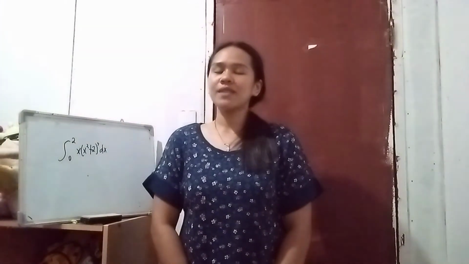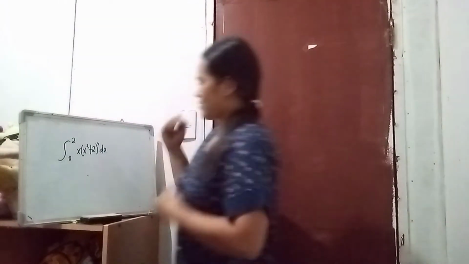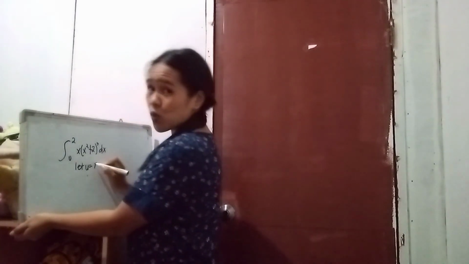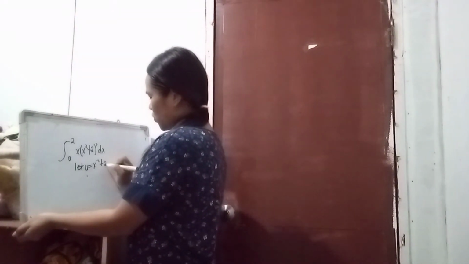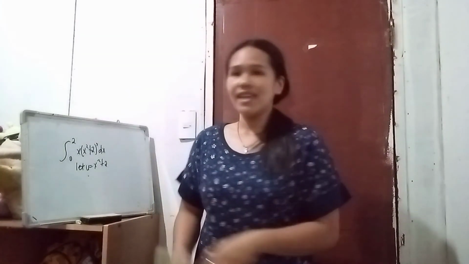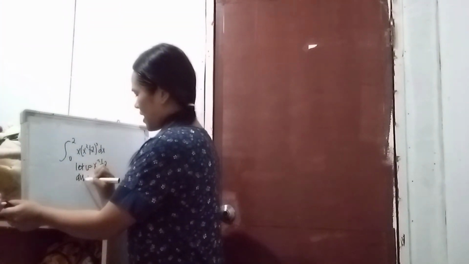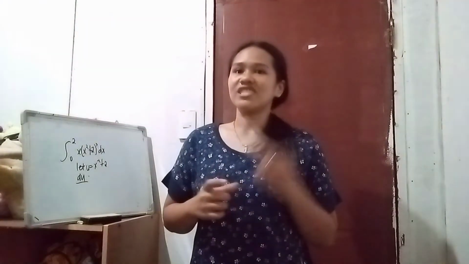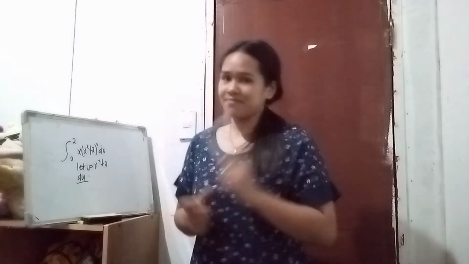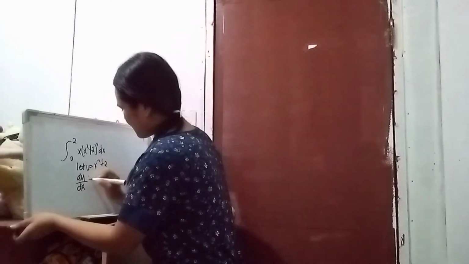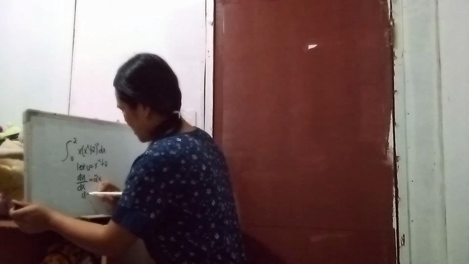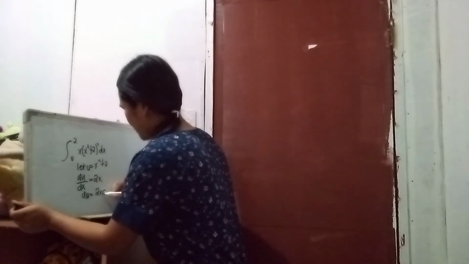We start the same way. We let u equal x squared plus 2. Then we take the derivative: du over dx is just 2x, so du is equal to 2x dx.